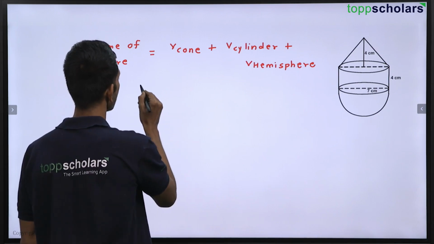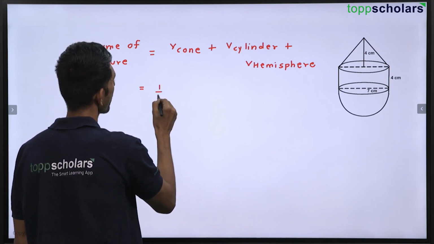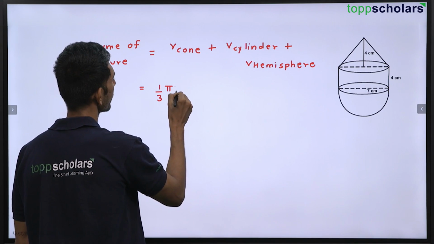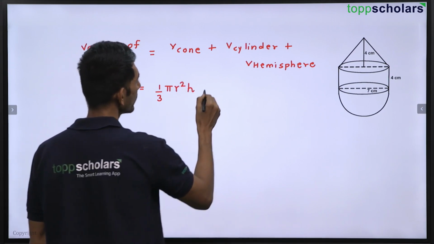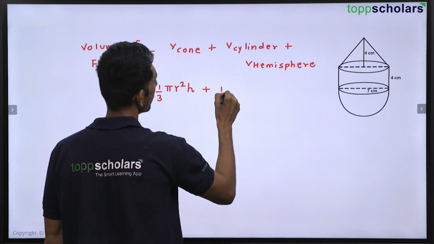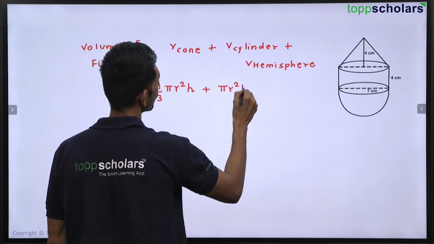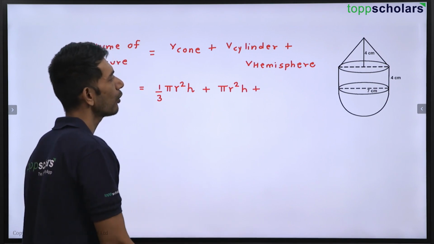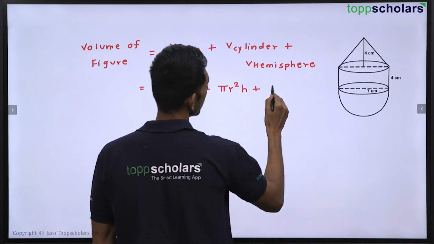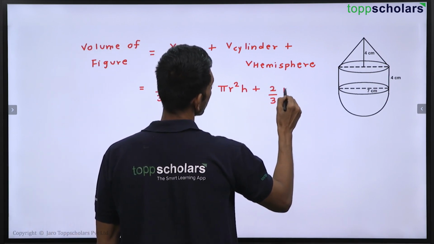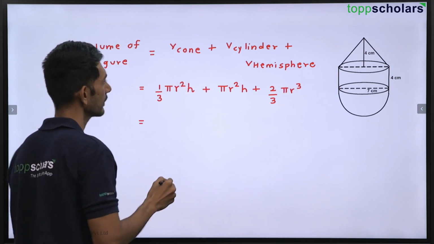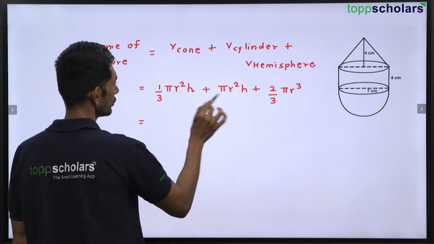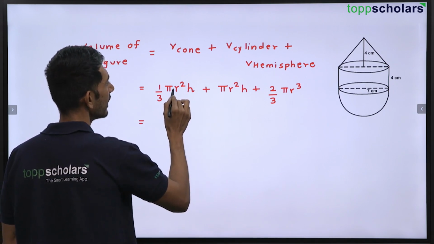So can I say this is equal to volume of cone, that is 1 by 3 pi r square h. Volume of cylinder is pi r square h. And volume of hemisphere is 2 by 3 pi r cube. Correct? So can I take pi r square common.